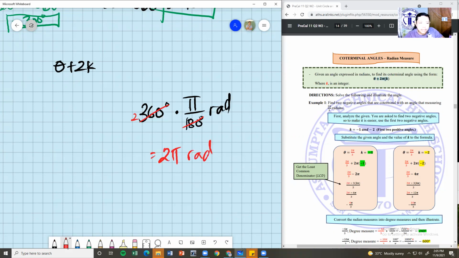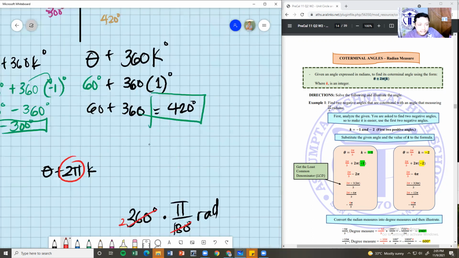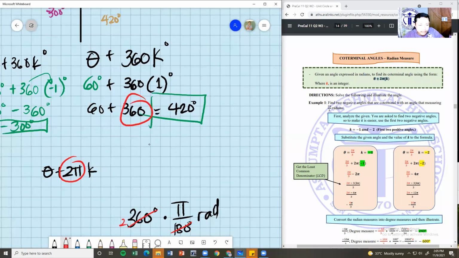So 2 pi rad here is actually equal to the 360 degrees in the other formula. So they just mean the same thing.